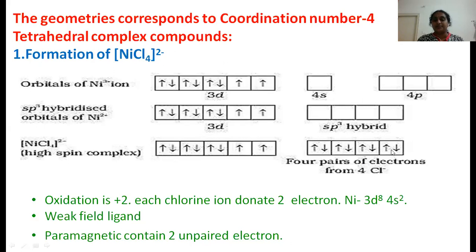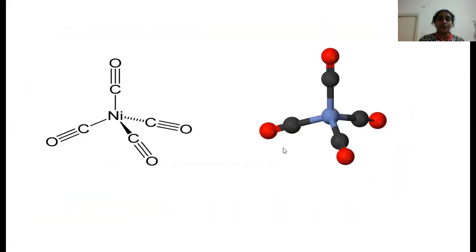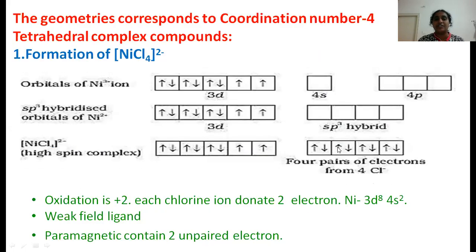So here, after formation of the complex, the electronic configuration will become like this. If you see the structure of nickel tetrachloride that I have given here, this is the tetrahedral geometry, because nickel tetrachloride involves sp3 hybridization.